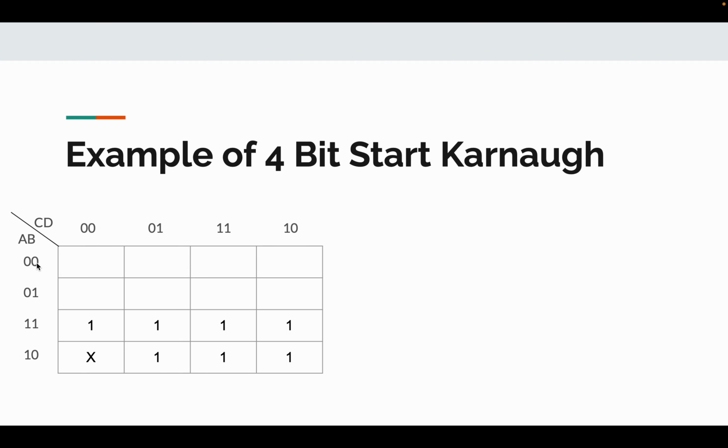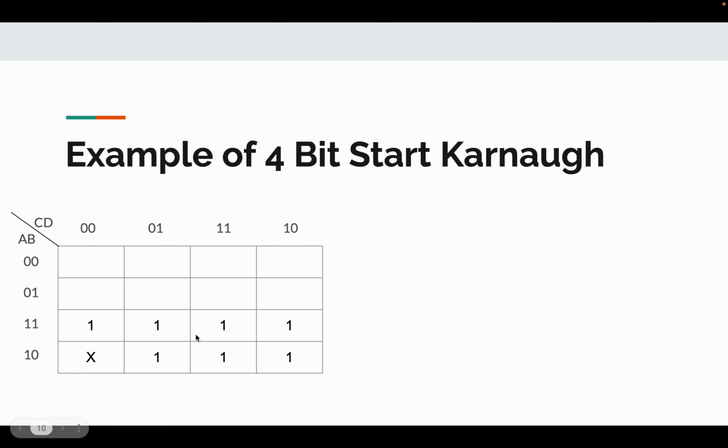Here we have A, B down here, and C, D. We have 1 1 0 0 being 1, 1 1 0 1 is going to be 1, 1 1 1 1 is going to be 1, 1 1 1 0 is going to be 1, and here's a new value: 1 0 0 0 is an x value. Usually our x's could be represented as 1 or 0 in our expression, so we could just leave it be as x.